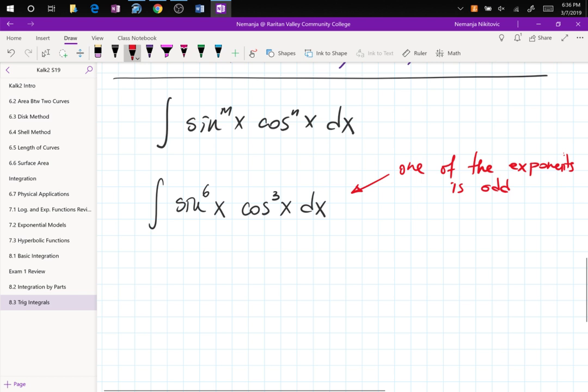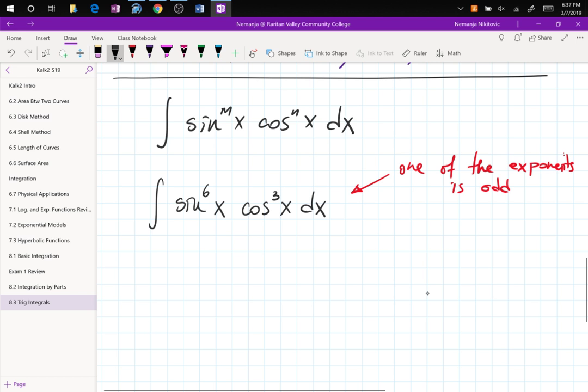So for the flavor where you have one odd exponent, you go to whatever is odd and you peel that one off. So I'm going to immediately peel one cosine off because I need to save that cosine for dx.